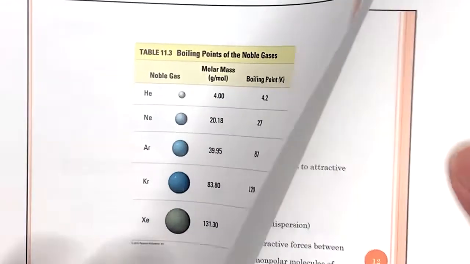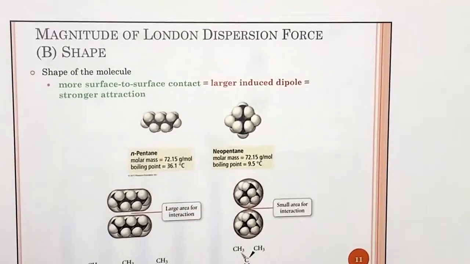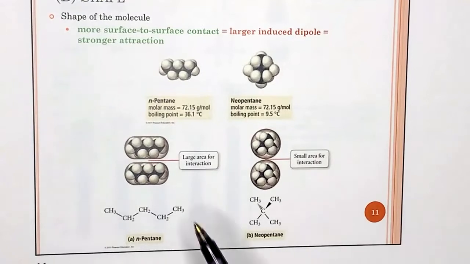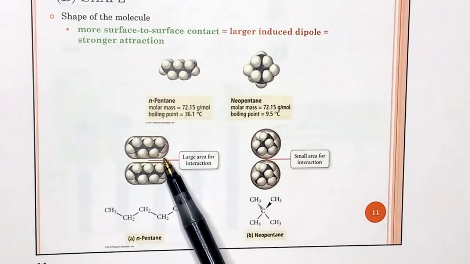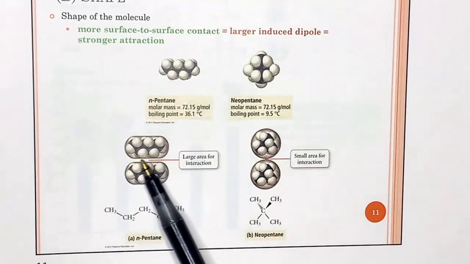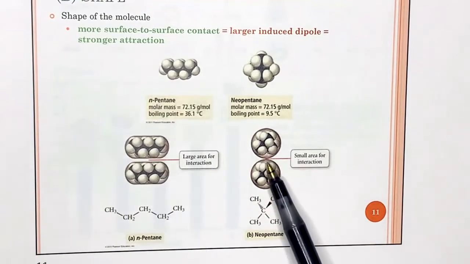And then if you had something with the same molar mass, you want to consider the shape. Something that is long, like a long chain, will have more electrons that can line up compared to something that's branched and has a very small contact point to line up.